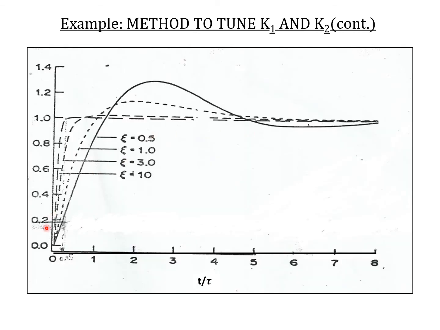You can see here different zetas and the general performance for most systems. If you choose zeta equals 10, fast damping, then to reach the set point, t over tau should be 0.25 here.